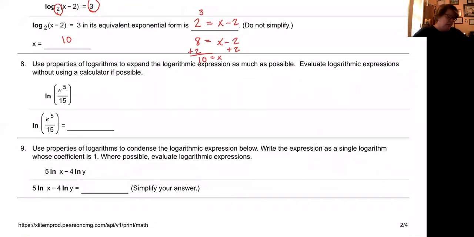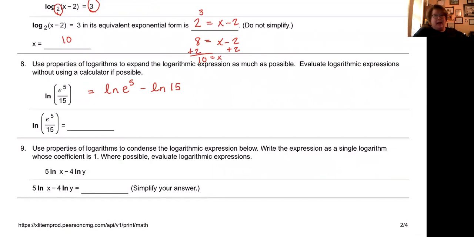All right, use the properties of logarithms to expand the logarithmic expression as much as possible. Evaluate logarithmic expressions without using a calculator if possible. So I have the logarithm of a quotient, and I have a property that says that if I have the logarithm of a quotient, I can write that as the difference of those two logarithms. So I can write this as the natural log of e to the 5th minus the natural log of 15.